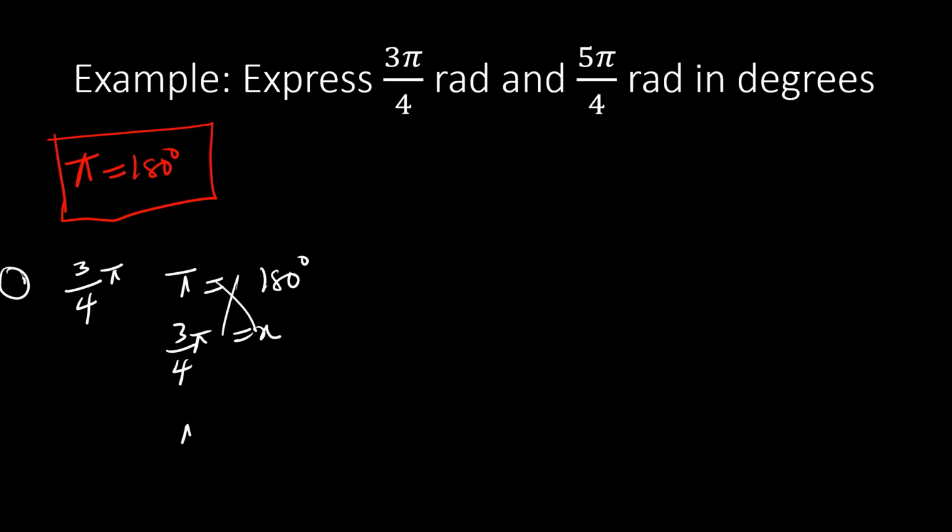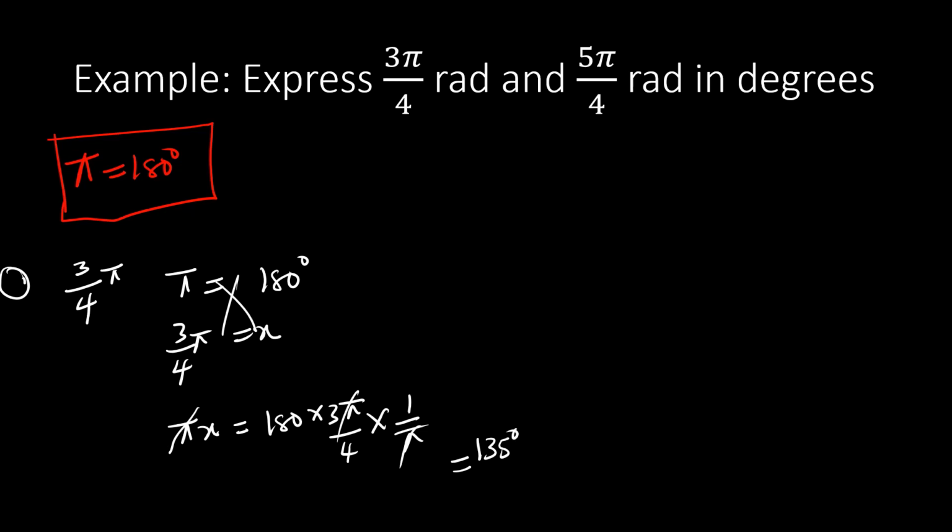So here you have pi x equals 180 multiplied by 3 pi over 4. If you divide through by pi, pi will cancel out, and we have 180 times 3 divided by 4. The answer here is 135 degrees.